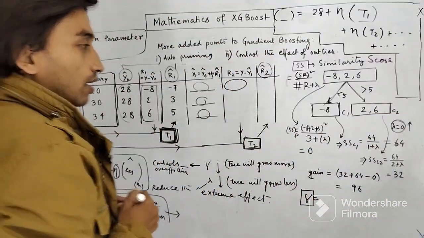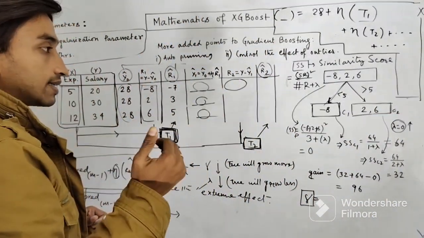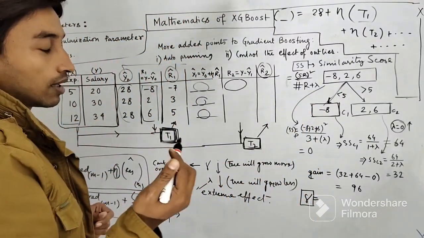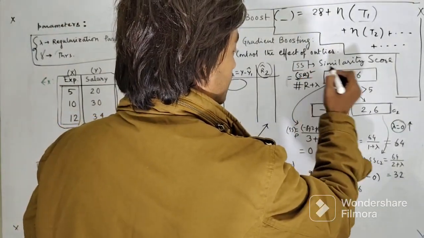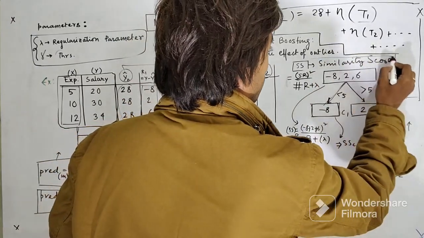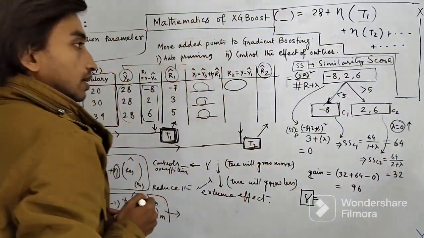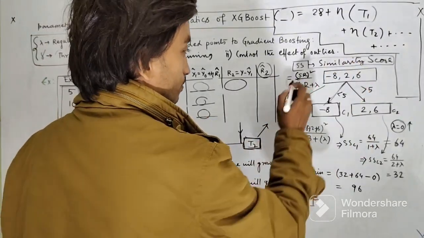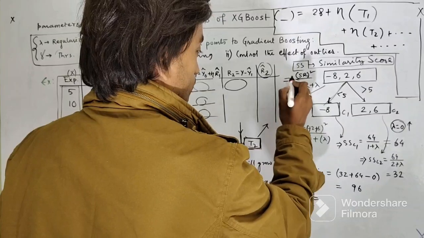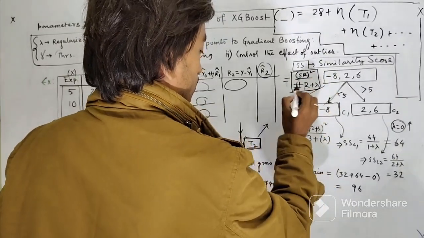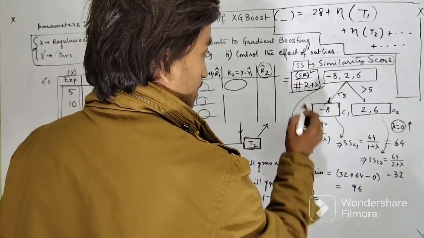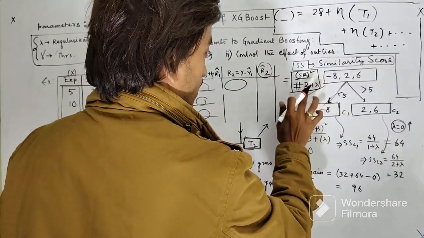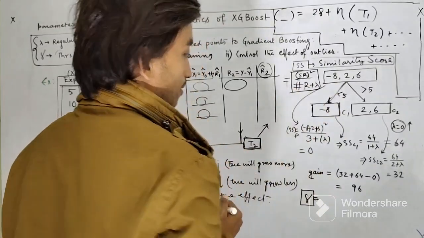What is happening over here? One term plays the role here, that is SS, the similarity score. What is this similarity score? It is the square of the sum of residuals divided by the number of residuals plus lambda.